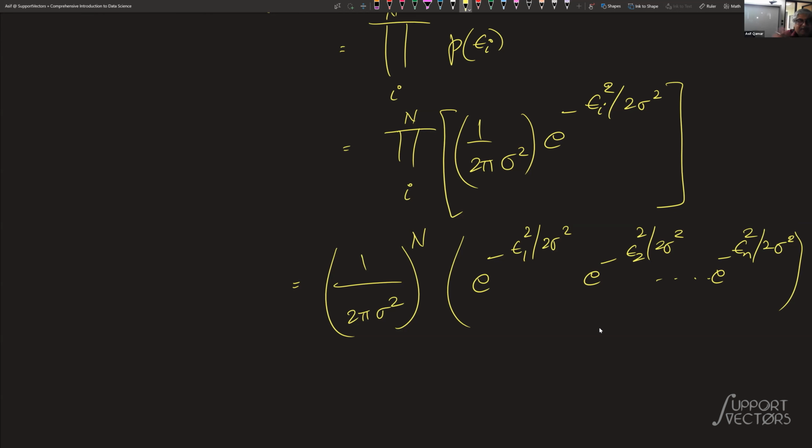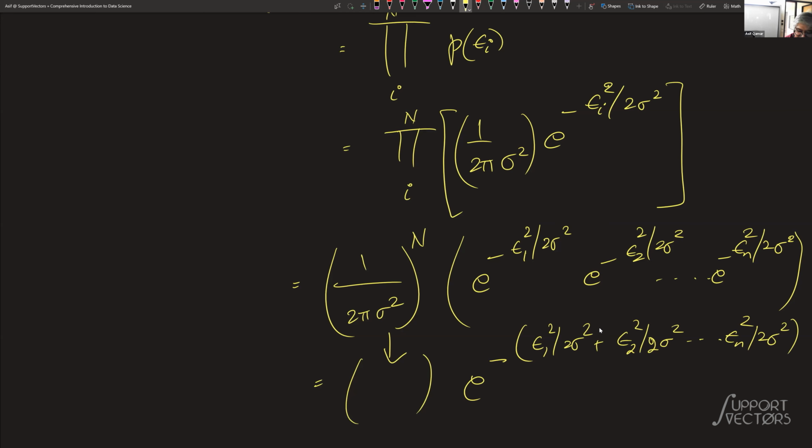Like my professor used to say, forget constants. The argument can be made neatly, erasing the constant, but let me keep it there. So some proportionality constant here. Now, what happens when you multiply exponentials of something? They add up, right? So this is the same as e to the minus epsilon 1 squared over 2 sigma squared plus epsilon 2 squared over 2 sigma squared, up to epsilon n squared over 2 sigma squared, isn't it?